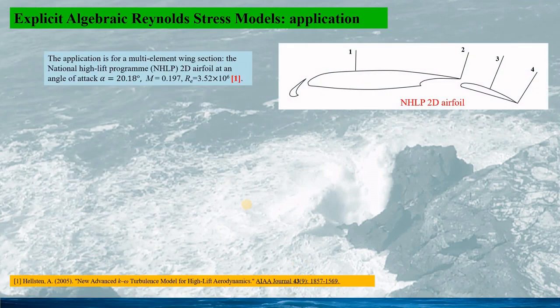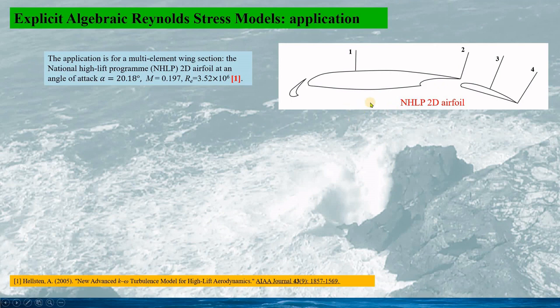In this slide, an application of the explicit algebraic Reynolds stress model enhanced turbulence model to a high-lift airfoil, the Japanese high-lift program, HLP, is shown.